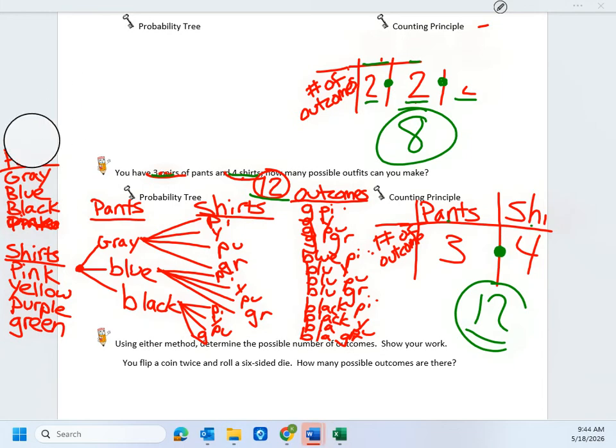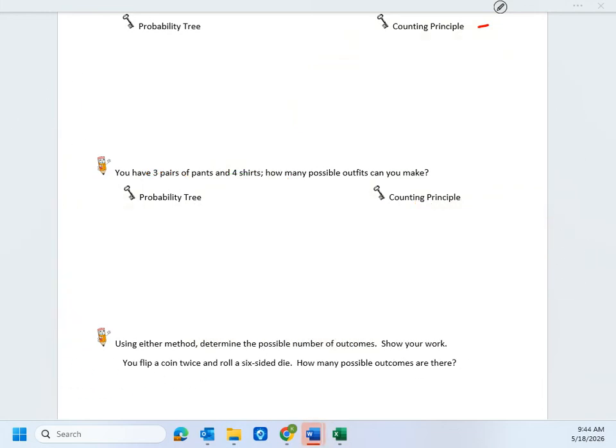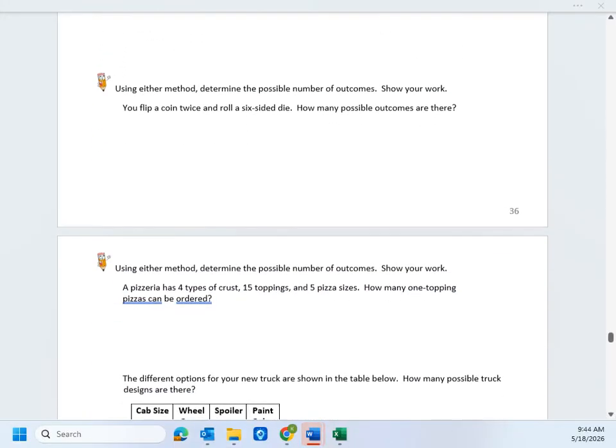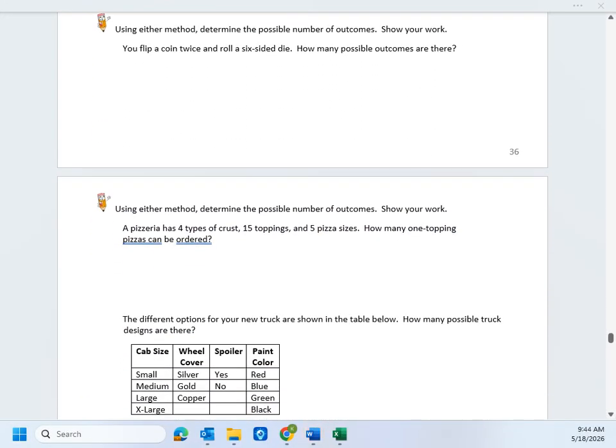So, let's look at the bottom. Using either method, determine the possible number of outcomes. You're going to show your work. You're going to flip a coin twice, and you're going to roll a 6-sided die.